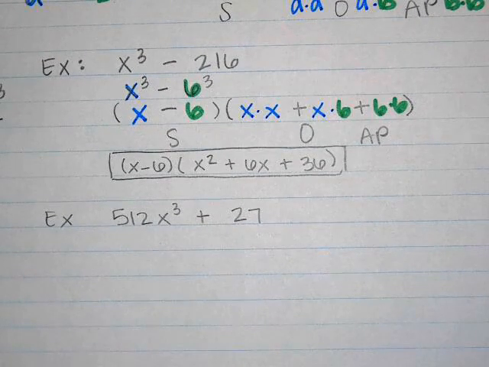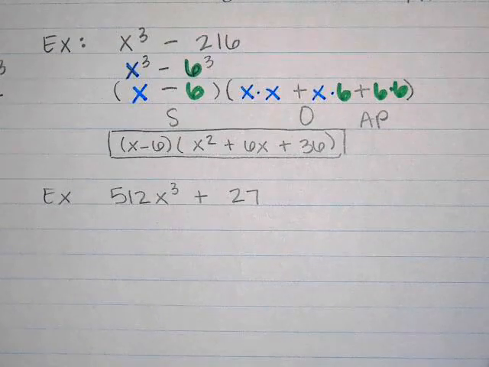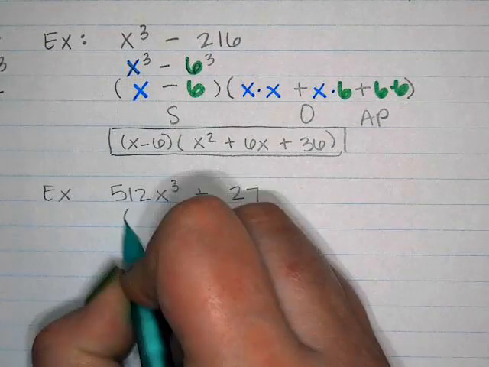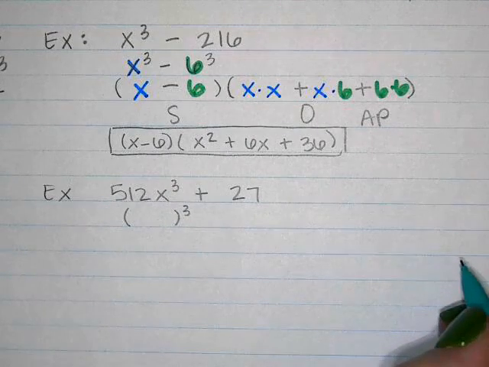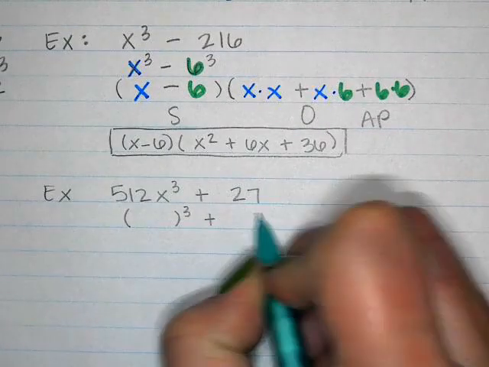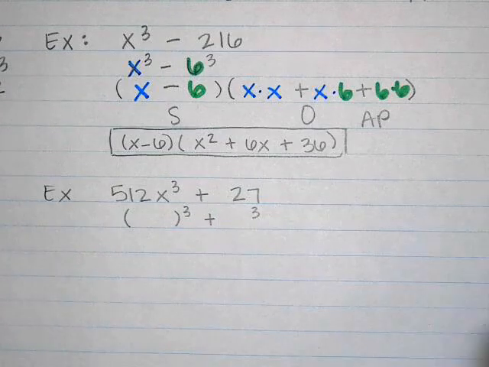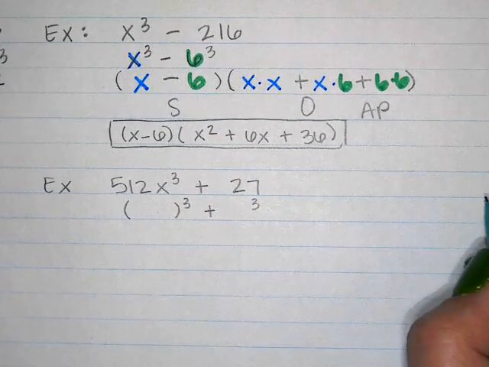Okay, so for the first term, we have to rewrite it as something to the third. And then for the second term, we have to rewrite it as something to the third. So 3 to the third is the second term.